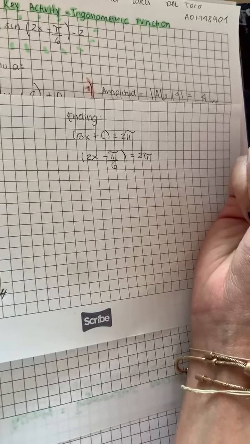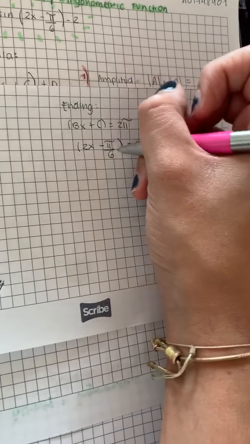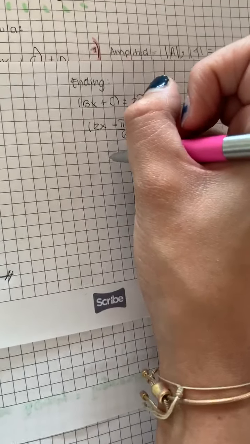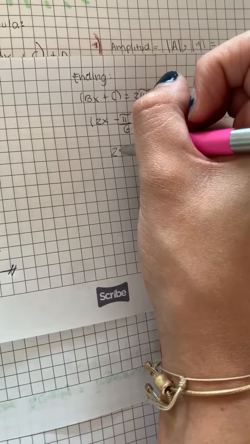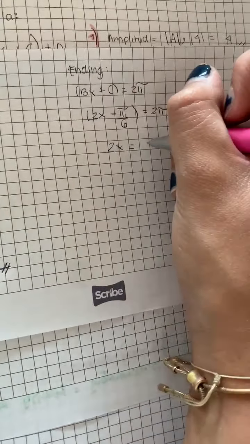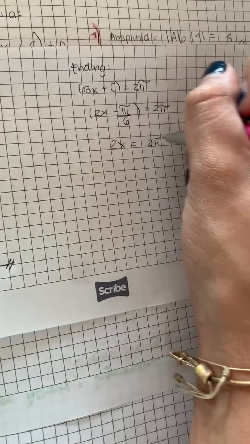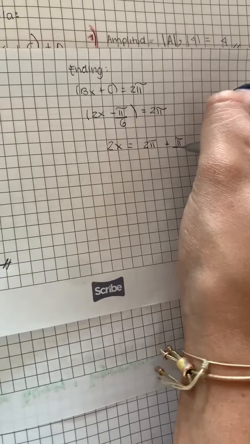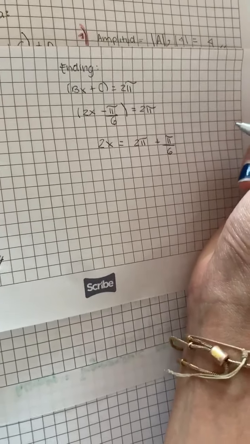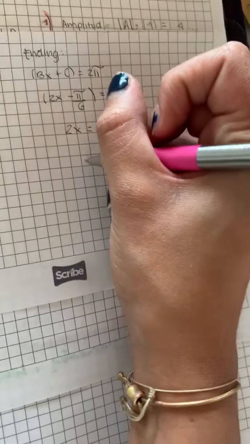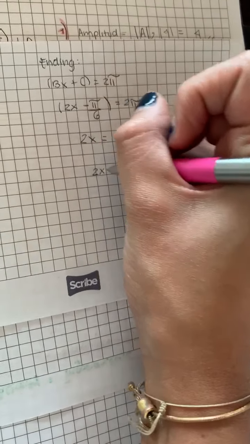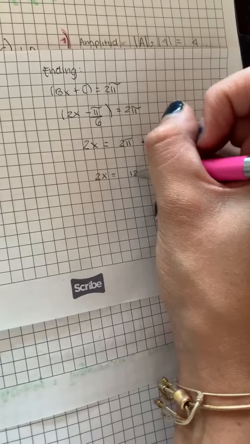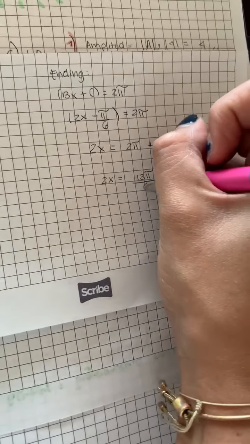Okay. Now you're getting these values to the right side. So you're putting 2x equals 2 pi plus 1 pi sixths. Now you're just doing that. 2x equals 13 pi's over 6.